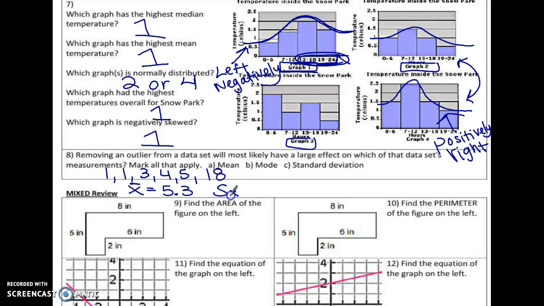The standard deviation is 6.4, and the mode is 1.